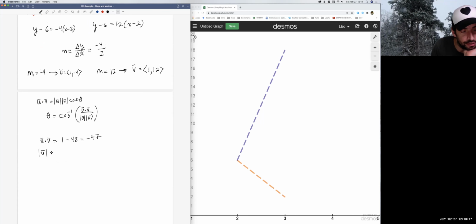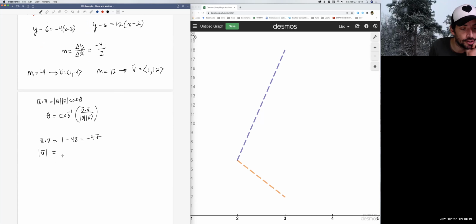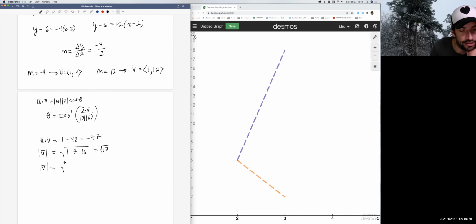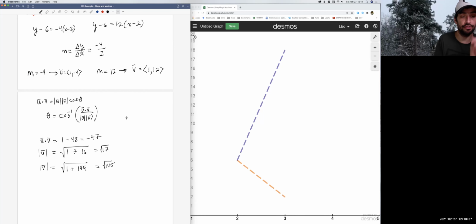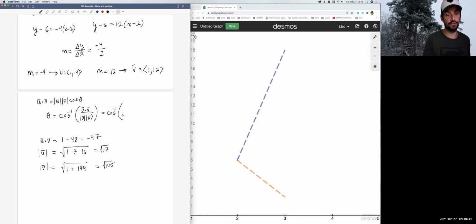The magnitude of u is the square root of 1 plus 16, or root 17. The magnitude of v is the square root of 1 plus 12 squared, or root 145. So the theta we're looking for is the inverse cosine of negative 47 over the square root of 17 times 145.